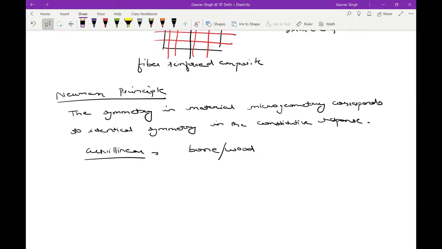So let's see, we had this Hooke's law, which was σij = Cijkl εkl. Okay. The idea was that this would be valid at any point in a solid, irrespective of the fact that the material is isotropic or anisotropic.